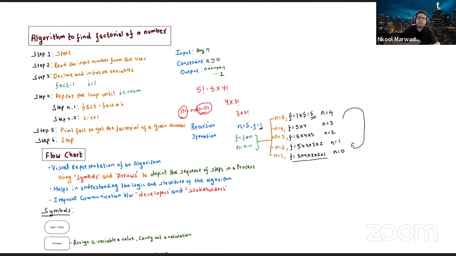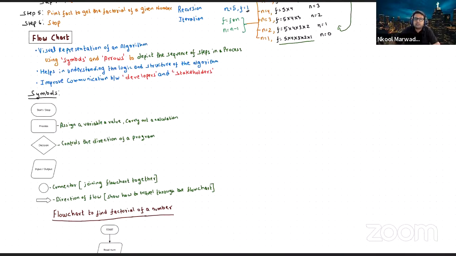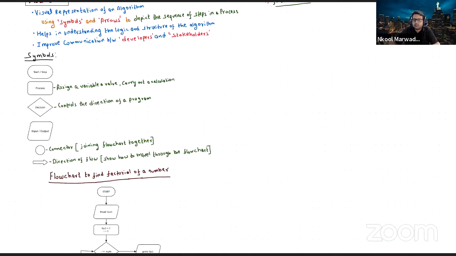A flowchart is more closer to the stakeholders. It is the visual representation of an algorithm, which is closer to the stakeholders, while the algorithm is closer to the developers, the coders. In the flowchart, it is a visual representation with symbols like start, stop, and process.